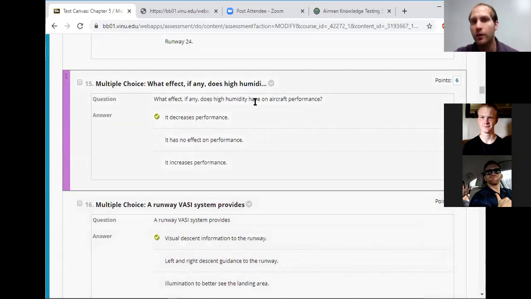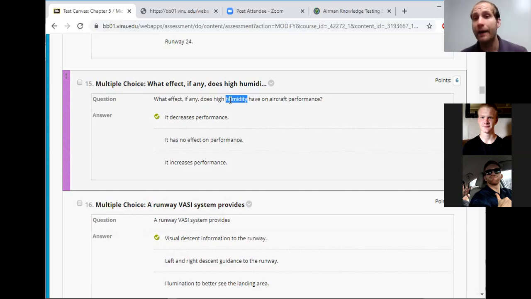We're back to humidity. We're talking about density altitude and humidity. So the whole idea about performance is that there are three variables that influence density altitude: temperature, pressure, moisture. This is going to tie into our next chapter as we get into weather. In this case, we have high humidity.